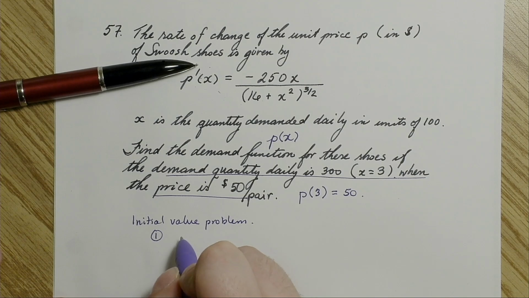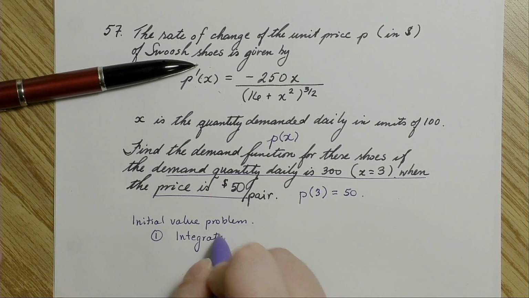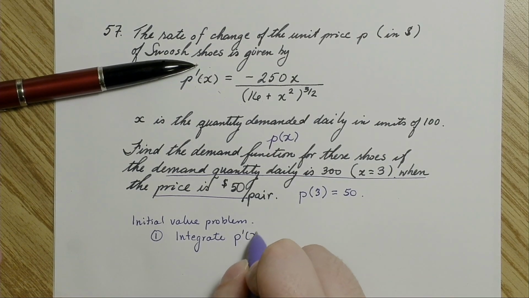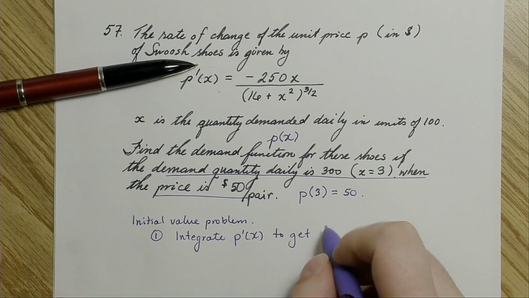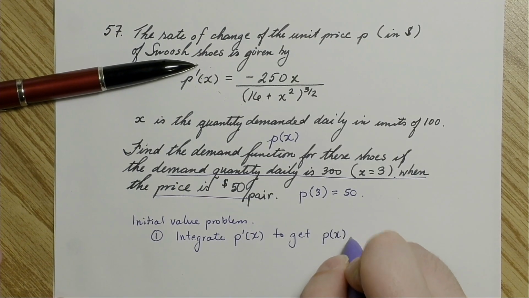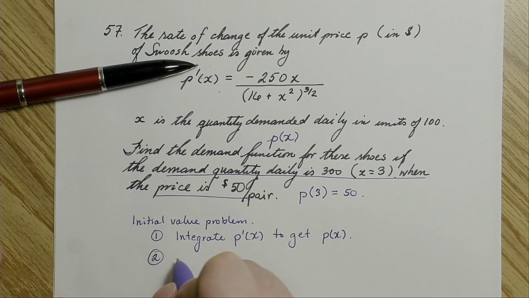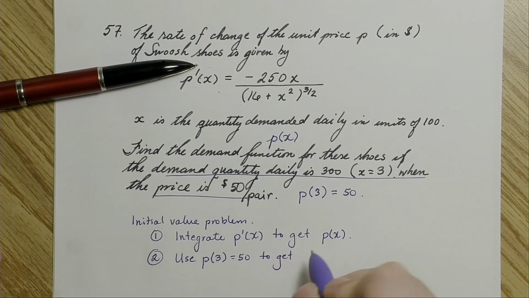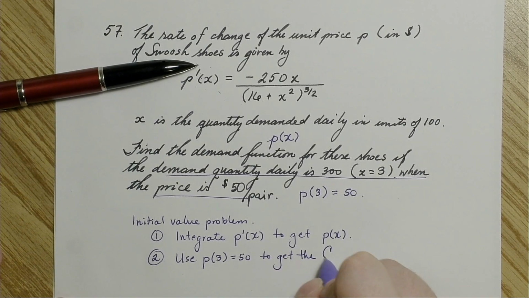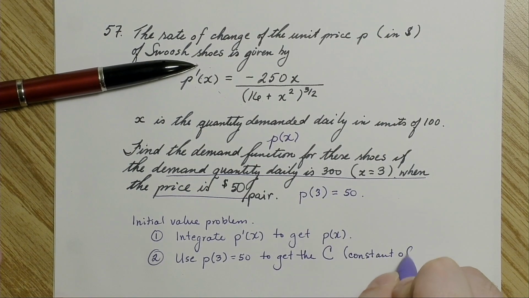We have to integrate p of x, then use p of 3 equals 50 to get the constant of integration.